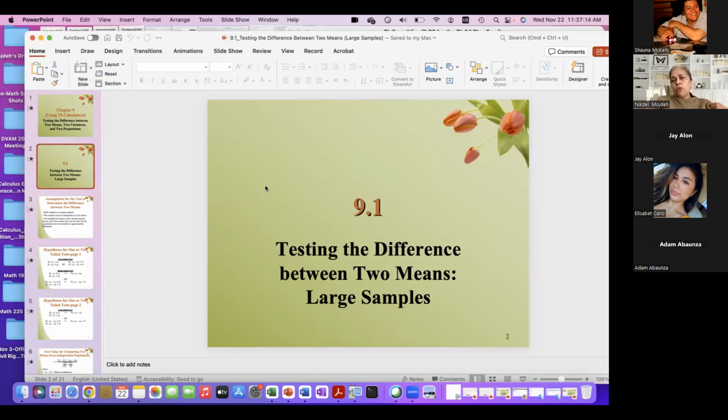Your calculator will not find critical values. That's why for chapter 9, I'm not using the traditional method. Even if your book wants you to use the traditional method in chapter 9, I want you to use the p-value method. Is that clear to everybody?